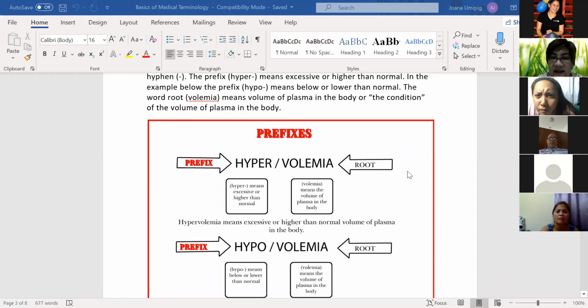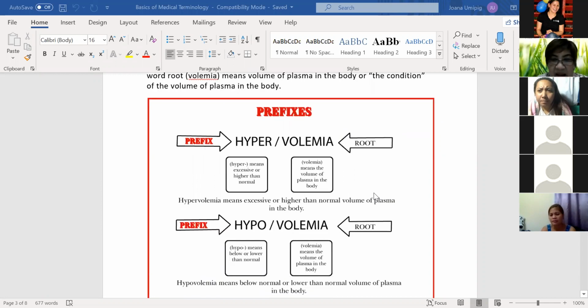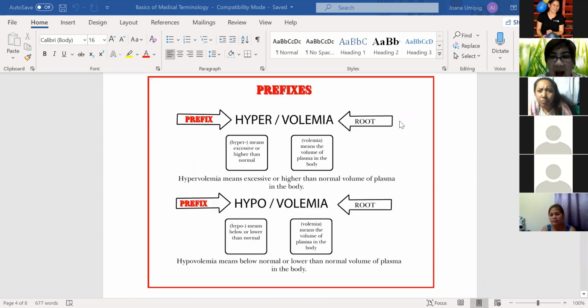Prefixes. So as sinabi natin, prefix is yung before. Adding letters or word before the word itself, before the root word. So, kagaya nito, hyperbulimia. Hyper, they added the prefix hyper. Yun yung mataas na sinabi natin. It is over, above the normal. So, bulimia is the volume of the plasma.